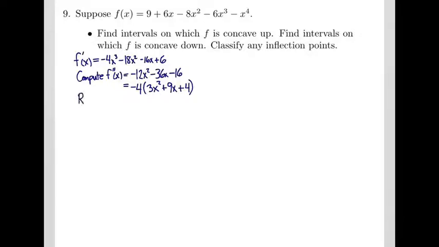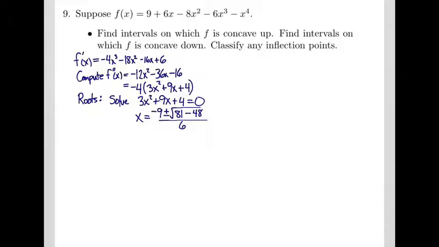So the roots, I use the quadratic formula, solve 3x squared plus 9x plus 4 equals 0. There's my equation, and the solutions are x equals negative 9 plus or minus the square root of b squared, which is 81, minus 4 times 12, so that's minus 48, all over 2a, so that's 6.